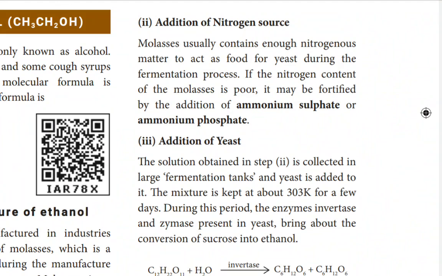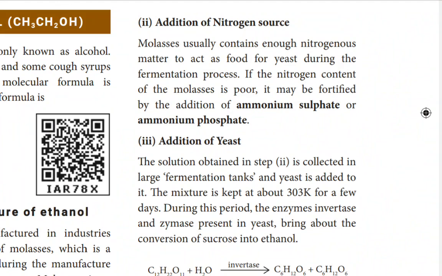Actually, the sugar cane which is cultivated from the soil contains nitrogen matter. So the nitrogenous matter is actually there, but it is not in sufficient level. Then we have to fortify the sugar molasses by the external addition of ammonium sulfate or ammonium phosphate. Ammonium contains nitrogen.